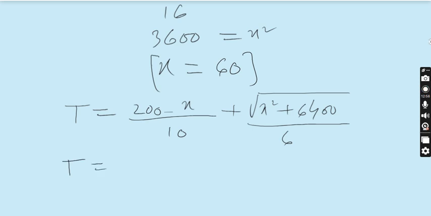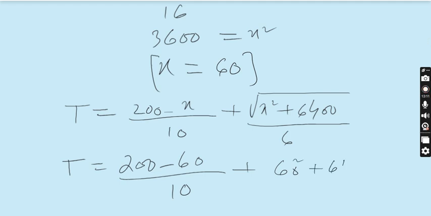Put the value of x as 60: 200 minus 60 upon 10 plus square root of 60 square plus 6400 upon 6.